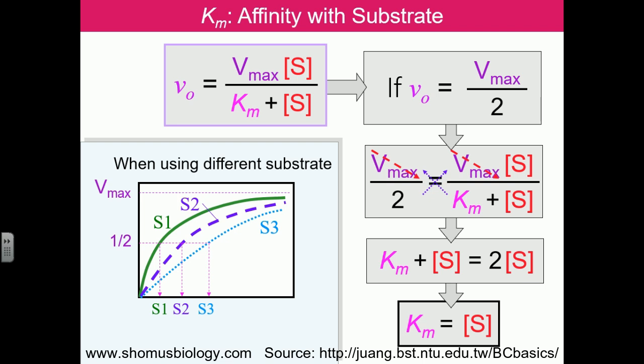In that case, that enzyme is interacting with the substrate with much greater affinity. That's what we're talking about, the value for Km. So here the affinities are different for S1, S2 and S3, and here we can say the affinity for S1 is the highest, S3 is the least.